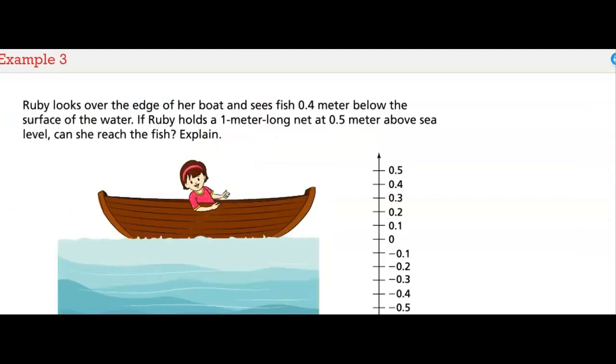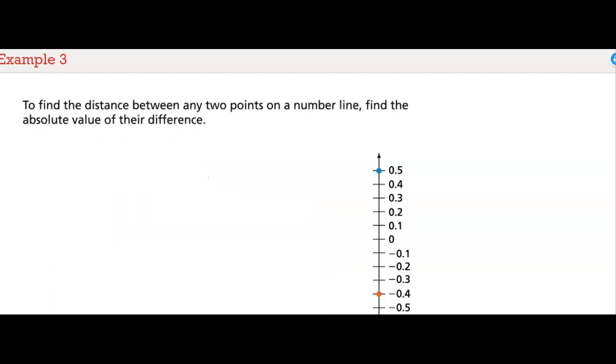She looks over the edge of her boat and sees fish 4/10 of a meter below the surface of the water. If Ruby holds a 1 meter long net at 5/10 of a meter above sea level, can she reach the fish? To find the distance between any 2 points on a number line, find the absolute value of their difference.